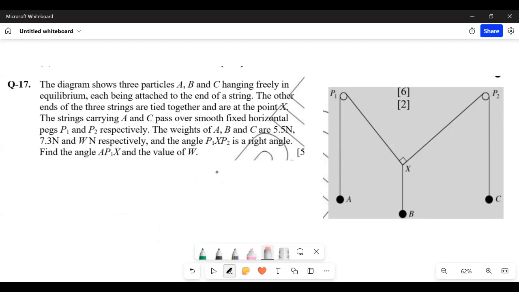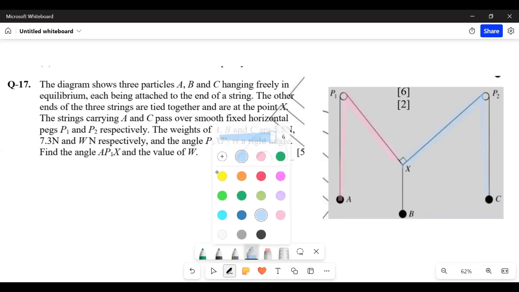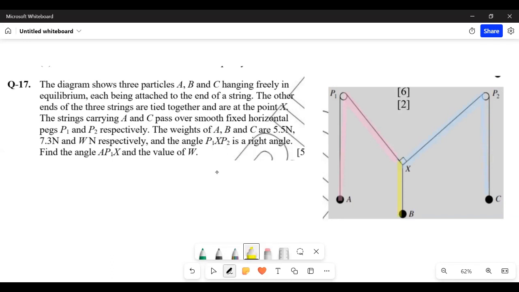The other ends of the three strings are tied together and are at the point x. अच्छा, ये three strings हैं, so hence three different tensions. एक string ये है, एक string ये है, और एक string ये है। So हर string में अपनी tension होगी। Okay, the other end, अच्छा, the string carrying A and C pass over smooth fixed horizontal pegs P1 and P2. Weight A, B and C are 5.5 newtons. अच्छा, यहाँ का इसका weight है 5.5 newtons.